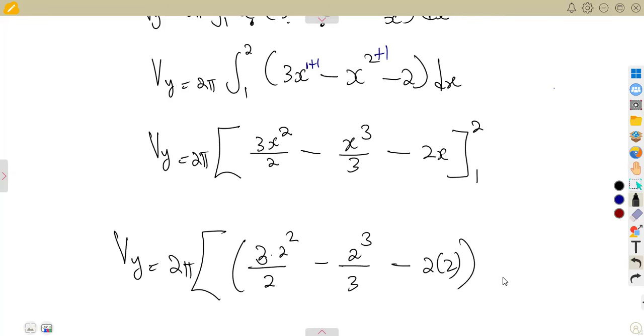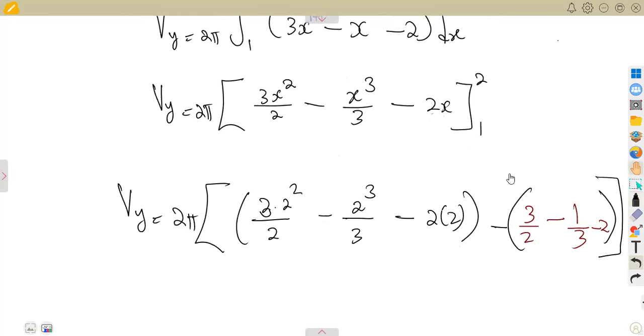So that's our upper limit minus the lower limit. That's a 1 here. So 1 to the exponent of any number just remains as it is. So it's 3 over 2, minus 1 over 3, and there's a 1 here, so it's just minus 2. All right, so that is for the lower limit.